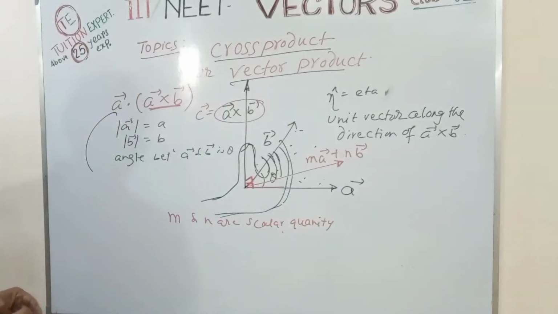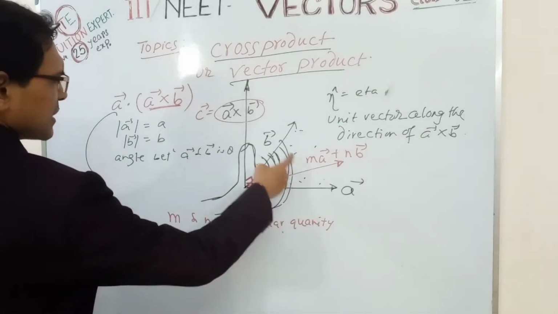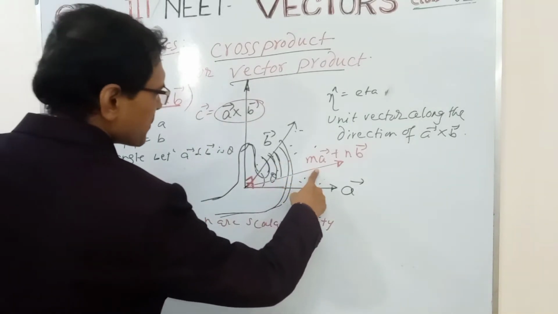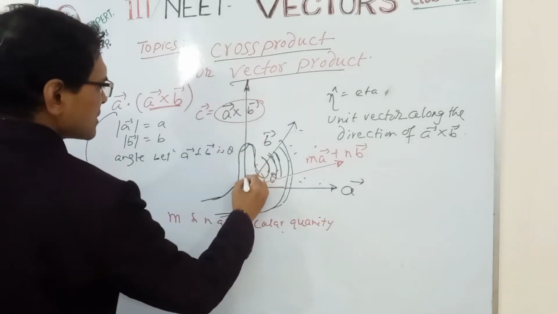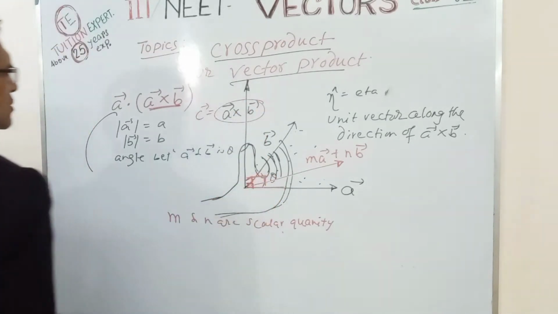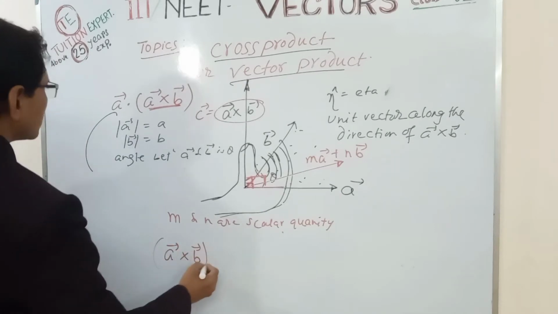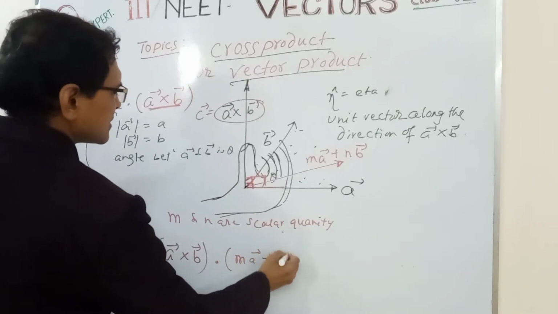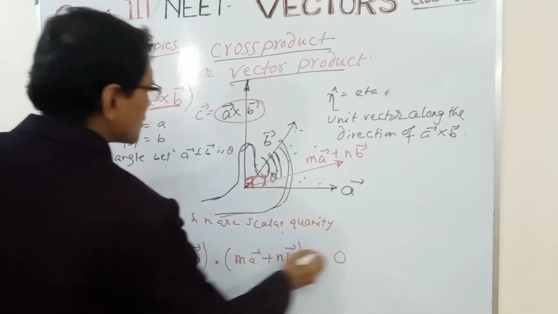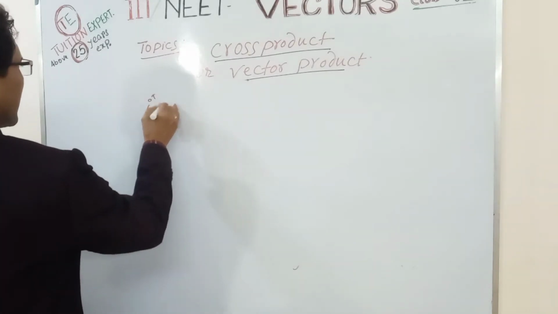We can consider any vector in the plane as mA plus nB. Now mA plus nB is also perpendicular to A cross B. So the result of A cross B dot mA plus nB is also 0, because this is also perpendicular. Now what is i cross i?